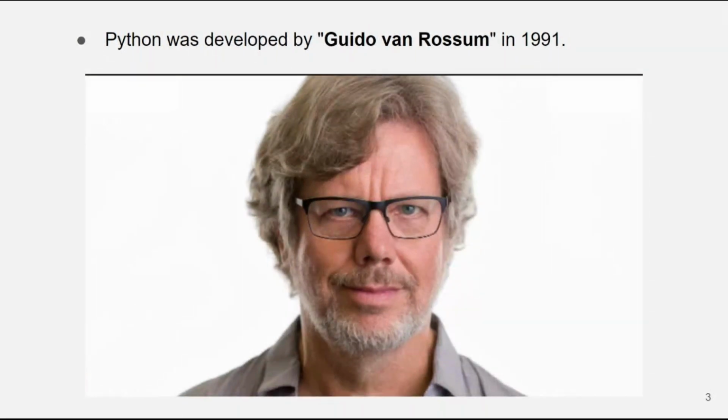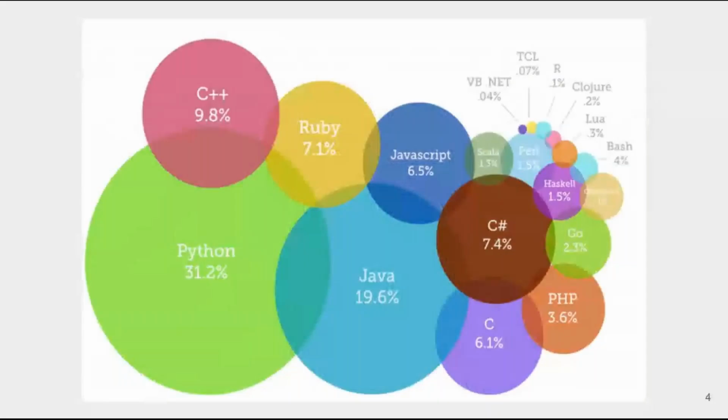So moving on, this slide tells us about the top programming languages currently used worldwide. It shows the percentage of users in different programming languages. And if you observe properly, Python has almost 31.2 percent of users.